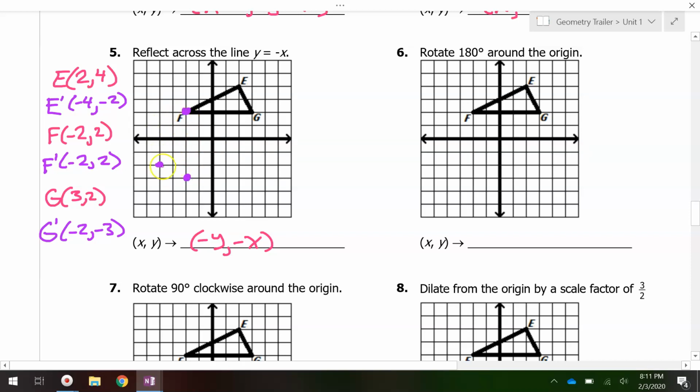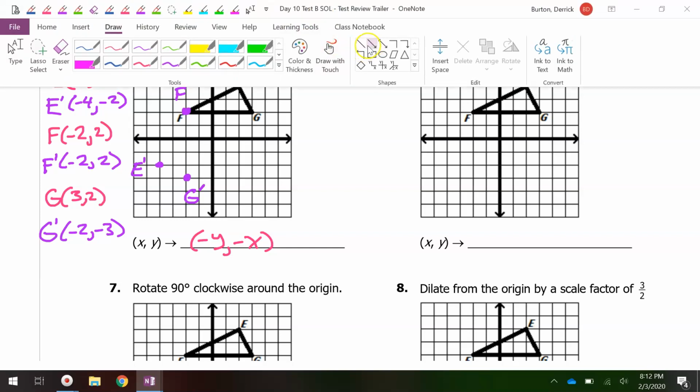All right, so this was E prime, F prime, and G prime. Let's draw those lines.